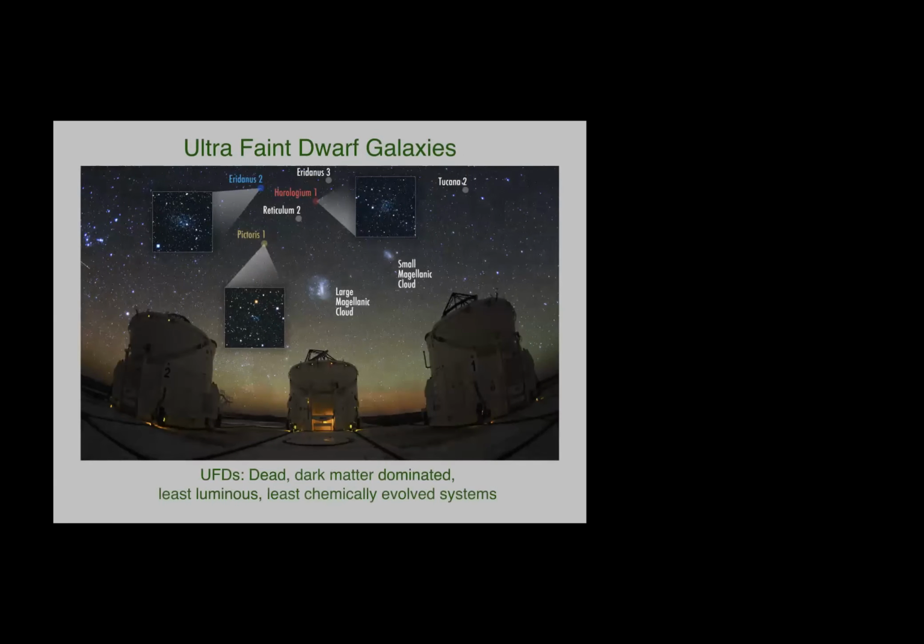So what are ultra-faint dwarf galaxies? These are satellites of the Milky Way that are dark matter dominated and very small in size, and also in stellar mass. Their stellar mass is less than 10 to the 5 solar mass. It is believed that their star formation has ceased since redshift 6 or 7.